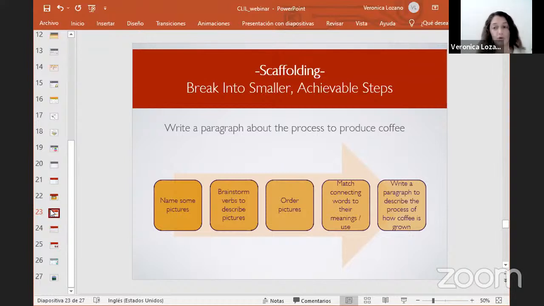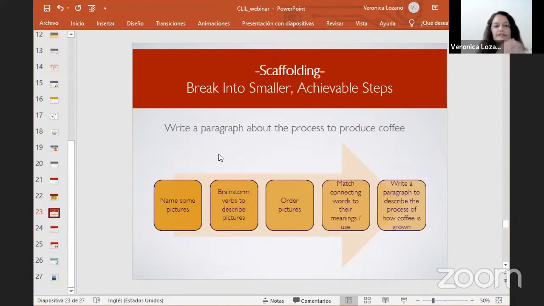Probably they have no idea on how coffee is produced. So scaffolding means that you're going to break a complex task into smaller and achievable steps. So this would be the steps towards writing a paragraph about the process.